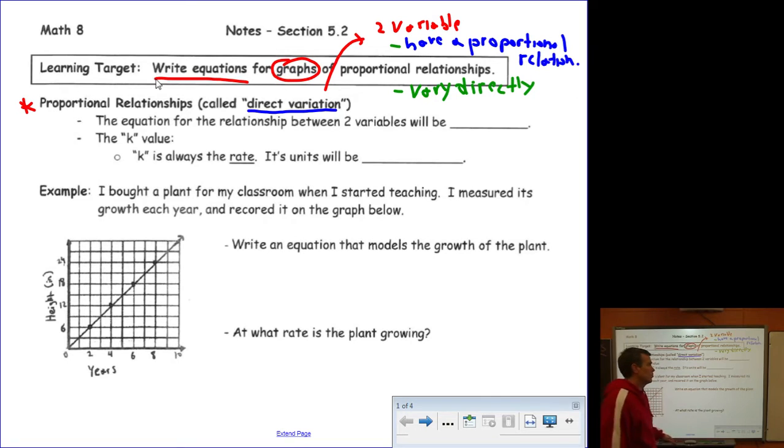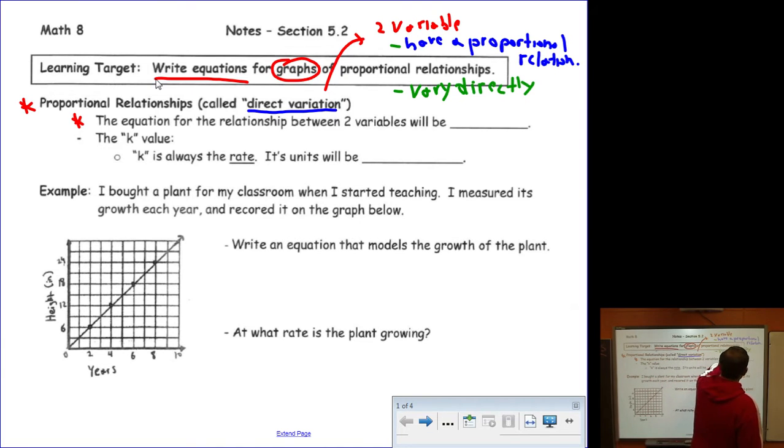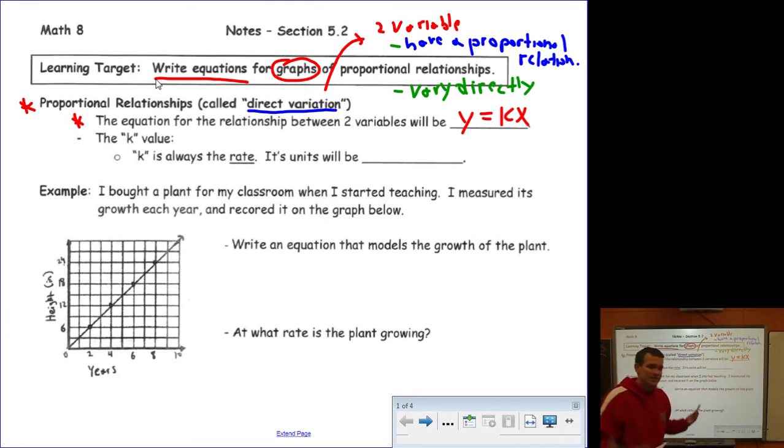When you have a proportional relationship, the equation for the relationship between two variables will always be y equals k times x. There'll be some number that you can multiply times the input, we call that k, to equal the output, or the y. And the k value is always a rate, right?